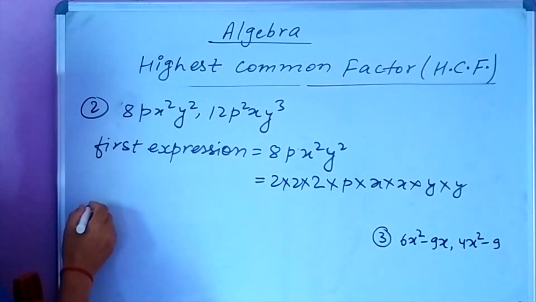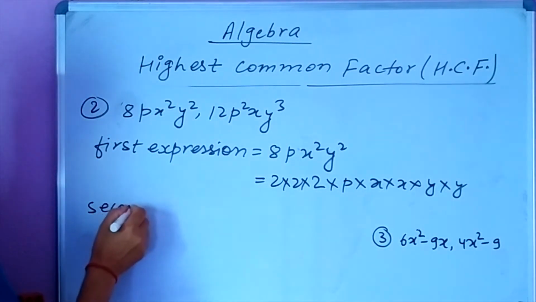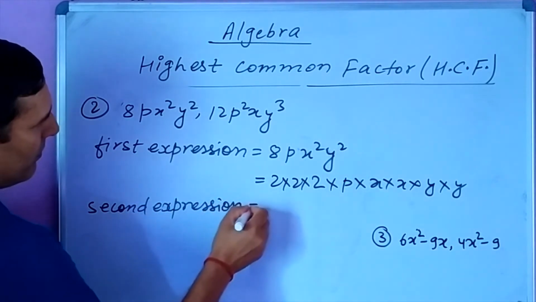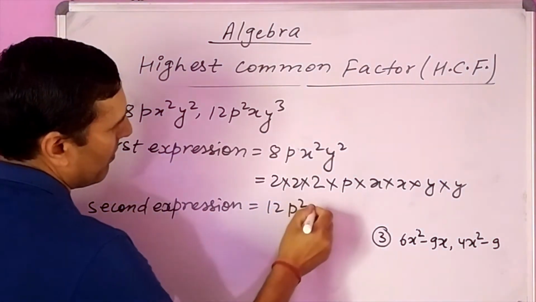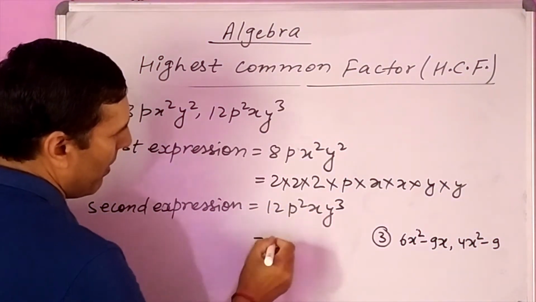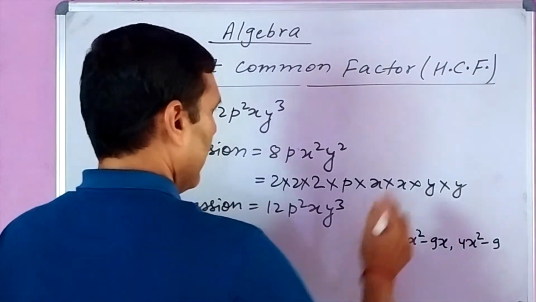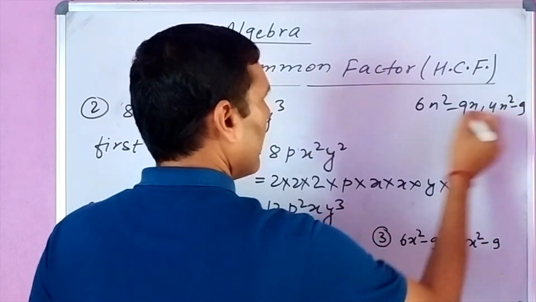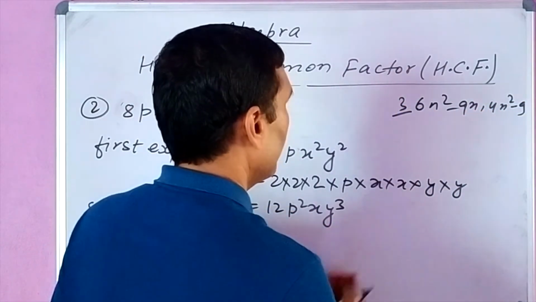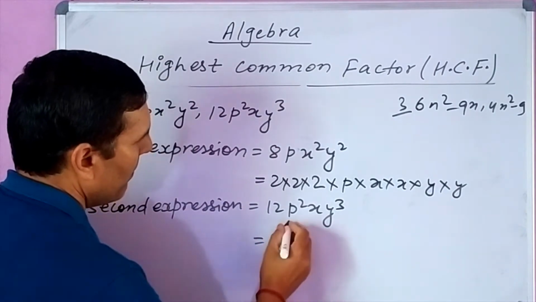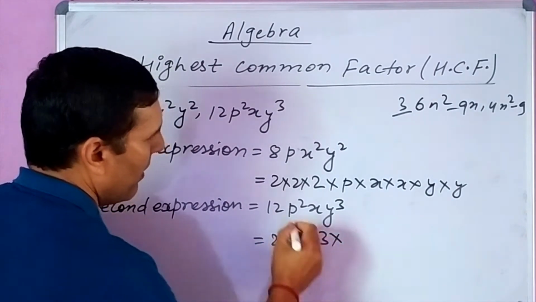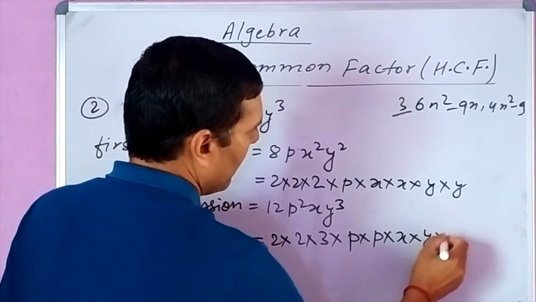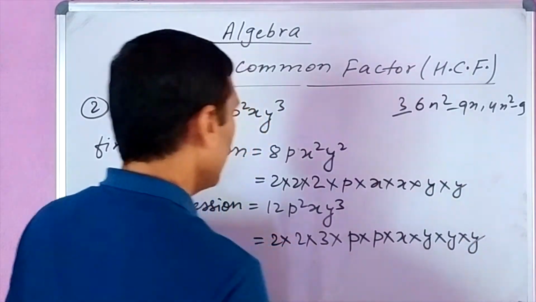Similarly we have the second expression, 12 p square x y cube, and this 12 is 2 into 2 into 3, and p square is p into p, a single x, and y cube is y into y into y.